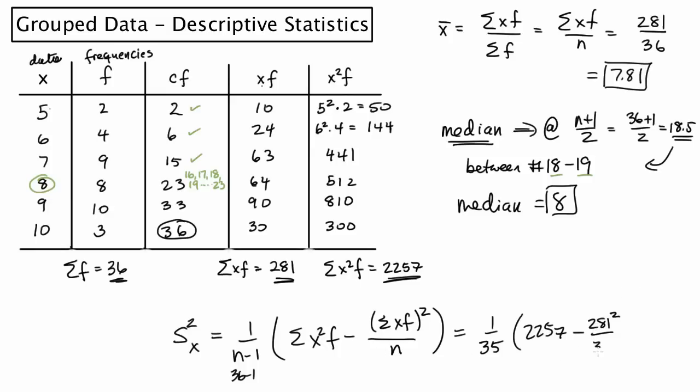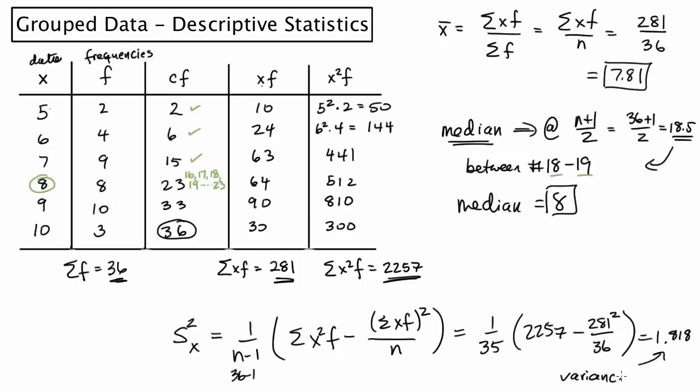And n, once again, is 36. So if you calculate all that, you get the value 1.818. Now remember, this is the variance.